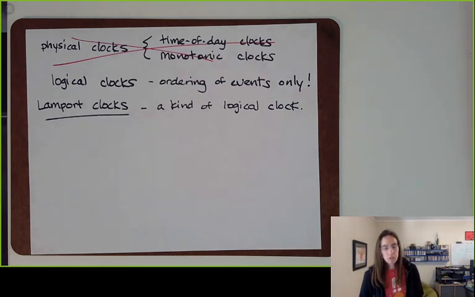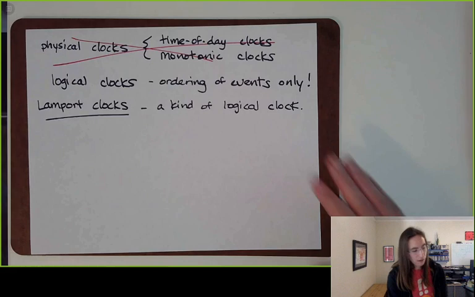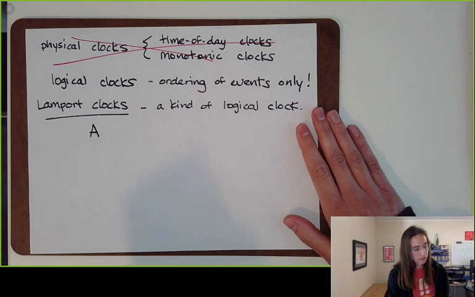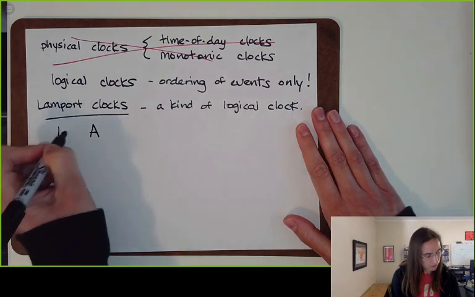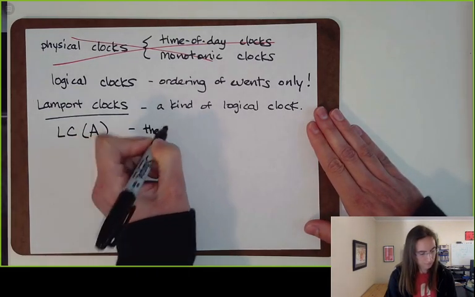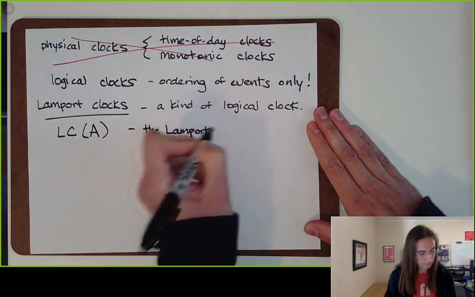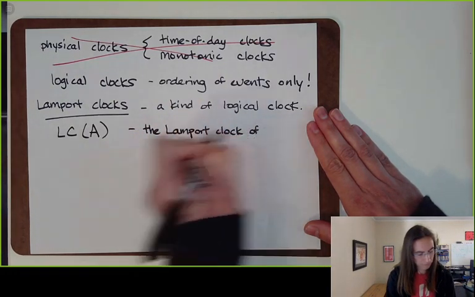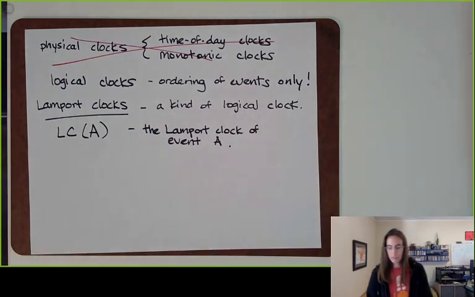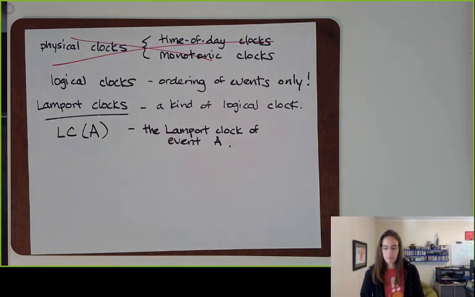So the notation that we'll use for this is if you have an event, let's say event A, then the Lamport clock of this event is going to be written LC of A. So what is a Lamport clock? What do Lamport clocks tell you? Well, a Lamport clock is going to be some integer, actually a natural number, that's going to be assigned to an event.